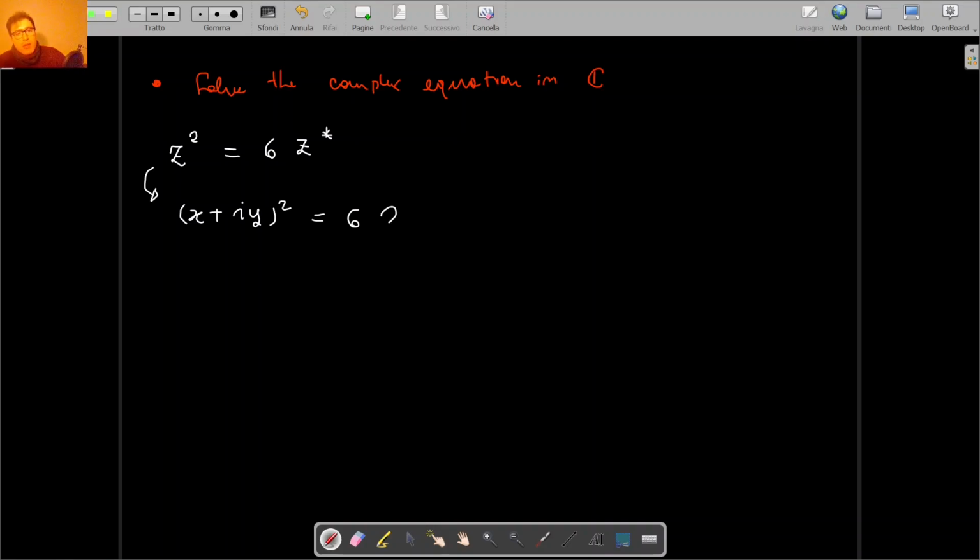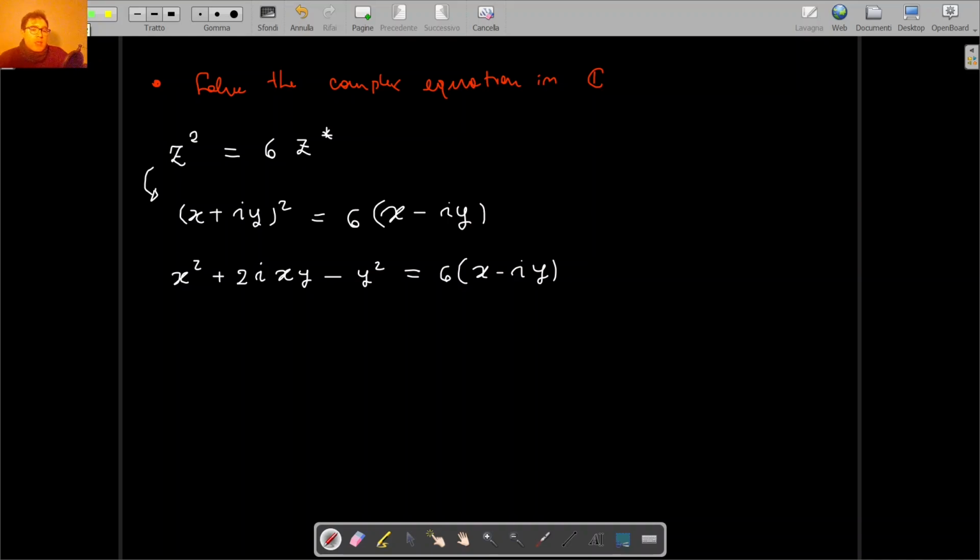We have to write x minus i times y. So we expand the square here, and we have x squared plus 2ixy minus y squared is equal to 6 times (x minus iy).